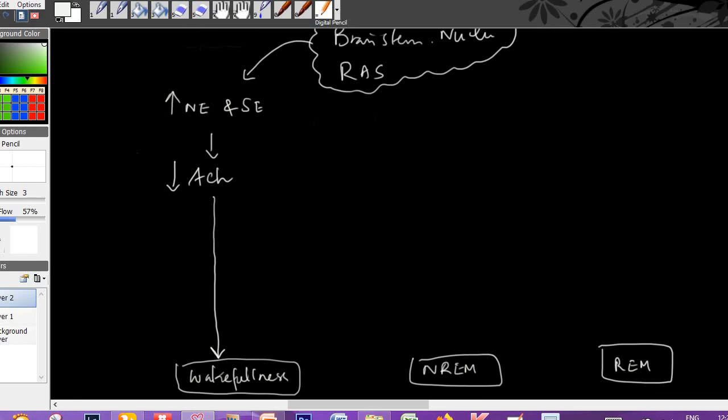On the other side, there is influence on REM sleep from here: a decrease in norepinephrine and serotonin and an increased acetylcholine. So this is going to induce REM sleep. There is no influence from the reticular activating system on the NREM sleep.